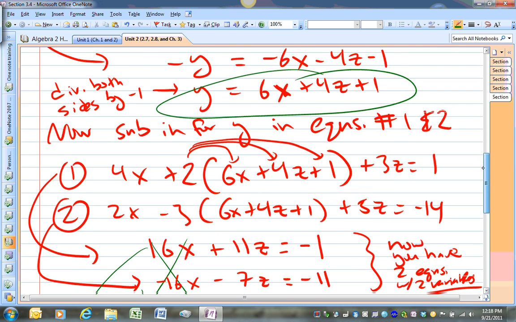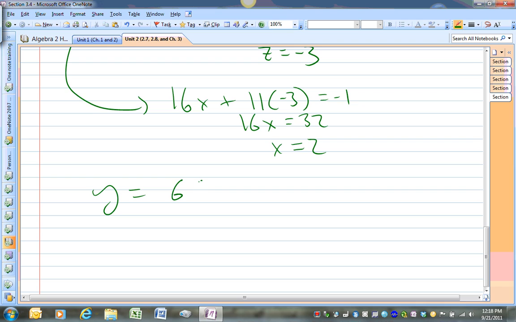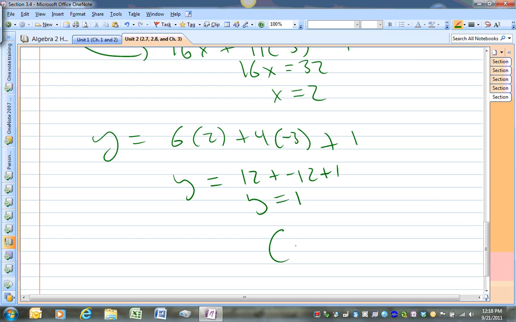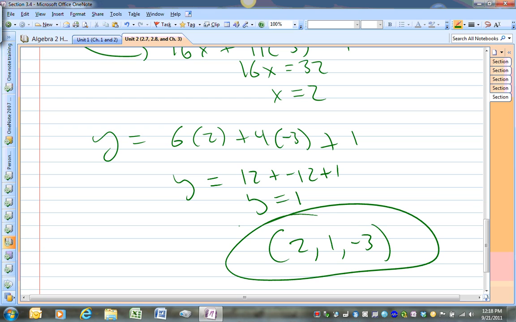So it was 6x plus 4z plus 1, so 6 times 2 plus 4 times negative 3 plus 1. Y equals 12 plus negative 12 plus 1. Y equals 1. So the answer we write like this: 2, 1, and negative 3. That would represent the solution to this system of three equations with three variables.